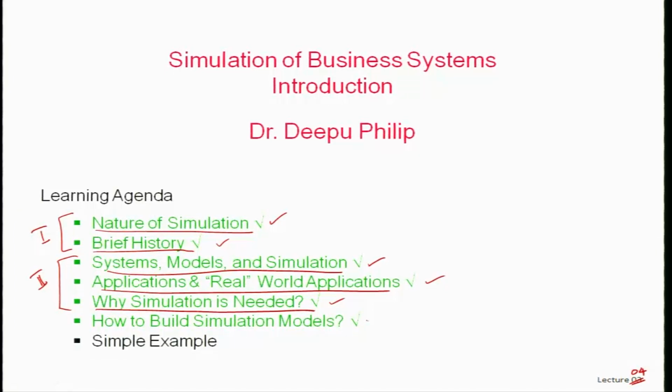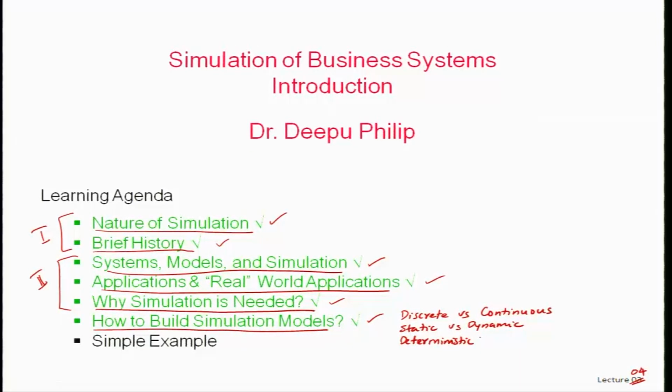Then how we build a simulation model, we covered in the previous lecture, and the main aspects of simulation, especially various aspects of discrete versus continuous simulation. Similarly, we also did static versus dynamic simulation, and we also studied deterministic versus stochastic simulation.